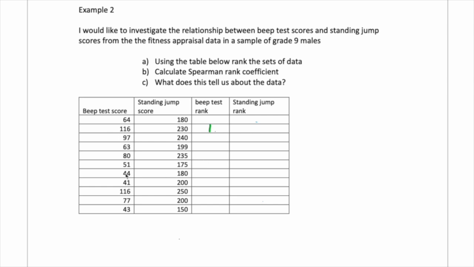Now there's a tie here. The way to handle a tie is this should be first and second place, so you take the average of first and second place. The average of 1 and 2 is 1.5. The next one would be third place, which corresponds to this 97 over here. Is there any more 90s? Nope. Fourth place is in the 80s.